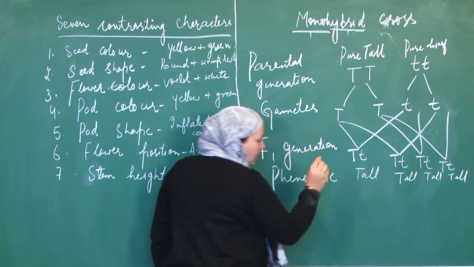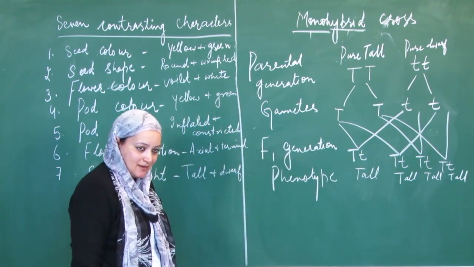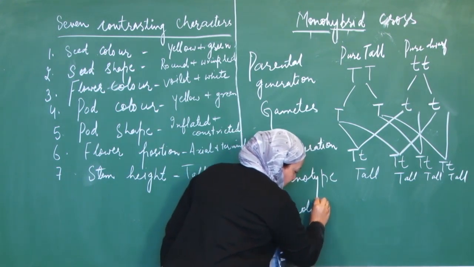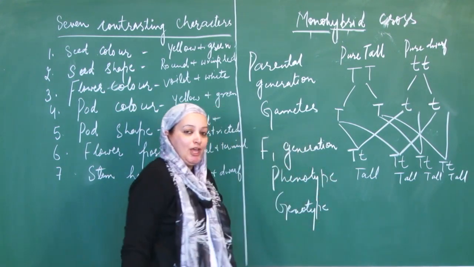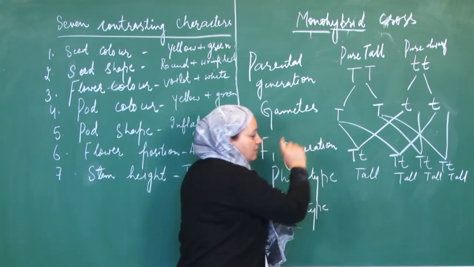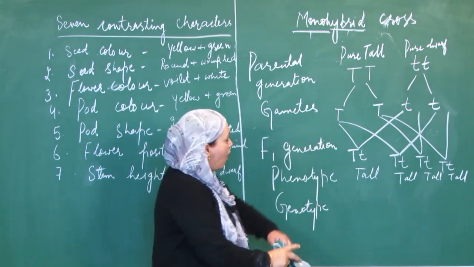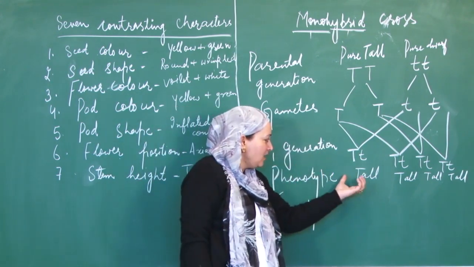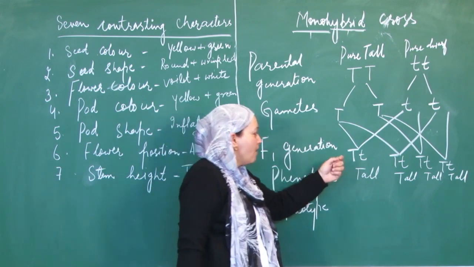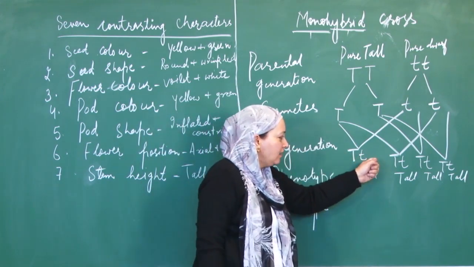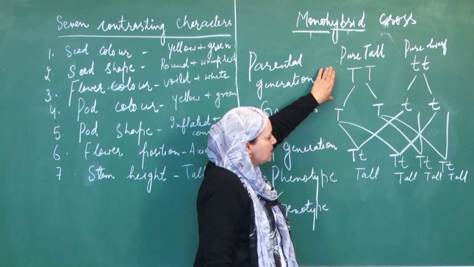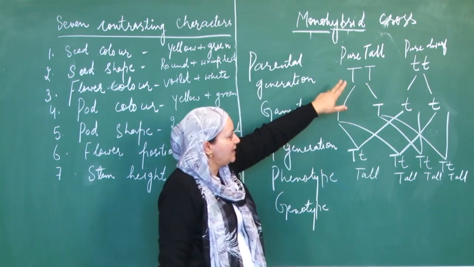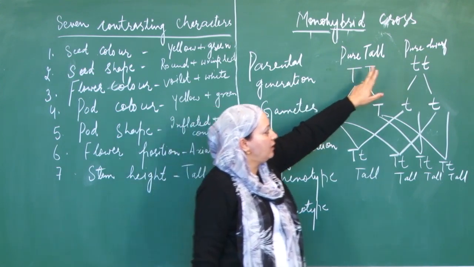Phenotype means the physical appearance. But what was the genotype? None of them were pure tall. All of them were in a heterozygous condition. That means they had the genes both for the tallness and the dwarfness. If you see the parental generation, the parents were pure tall and pure dwarf.